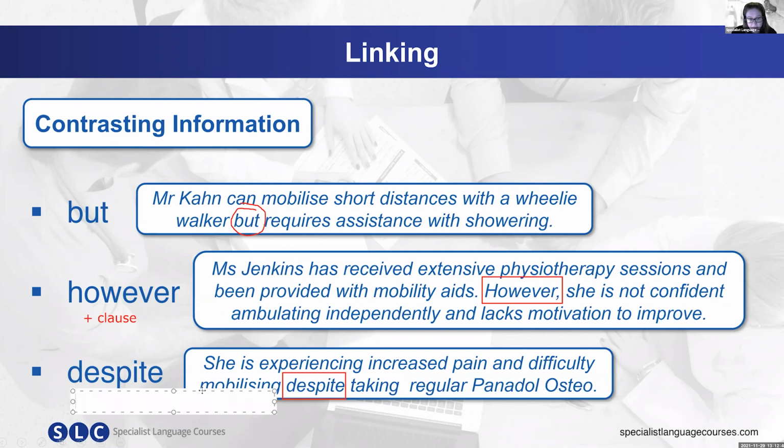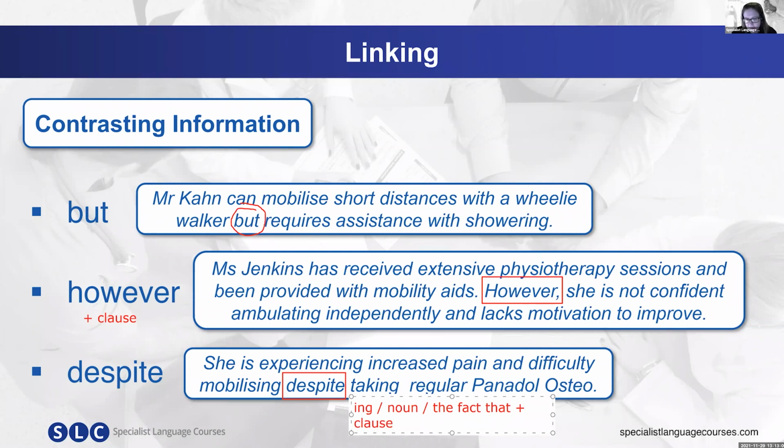And despite is followed by, so here we always follow it by the ing form of the verb, or a noun, or the fact that plus a clause. Okay, so you've got to make quite complicated structure. So if you're going to use it, make sure you're using it correctly. So we've got the example here of how we use it with the ing form.